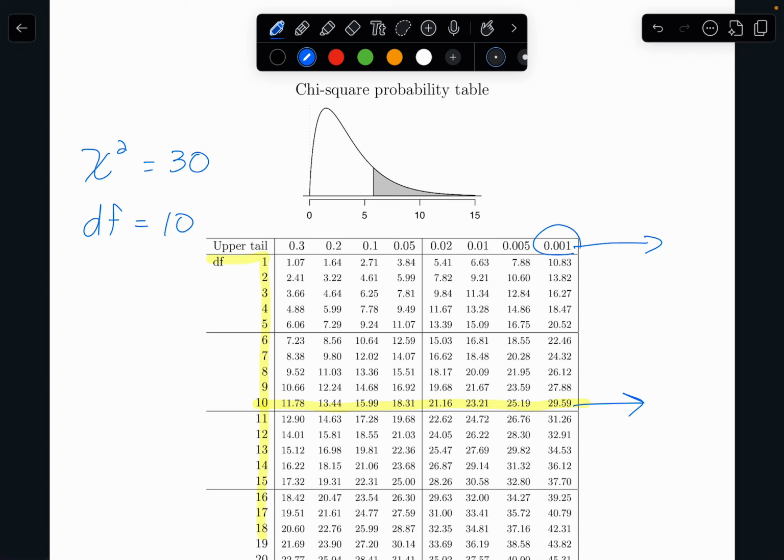Well, I know it's going to be somehow related to this 0.001, and if I look at what happens as I move to the right, from 0.02 to 0.01, and so on and so forth, every one of these numbers is getting smaller as I move to the right. So all I can say about my area, or my p-value in this problem, is that it is less than 0.001.